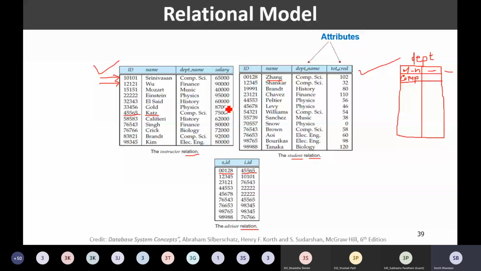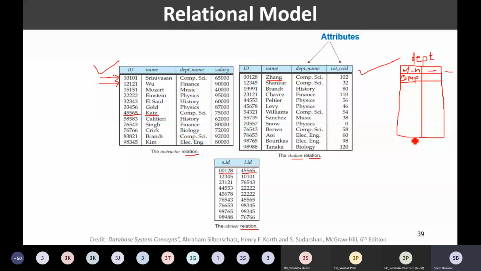So in my department table, initially I'll be inputting all the records related to various departments in my university. After having those departments present in my department table, only then is it possible for me to use them anywhere in other tables.